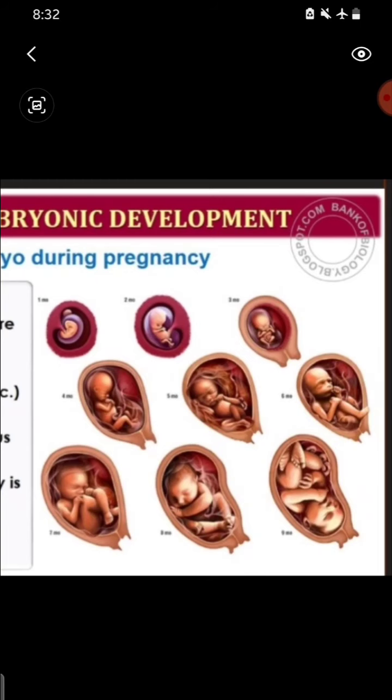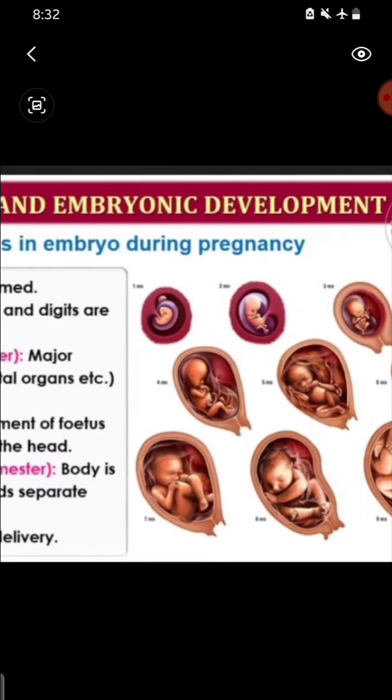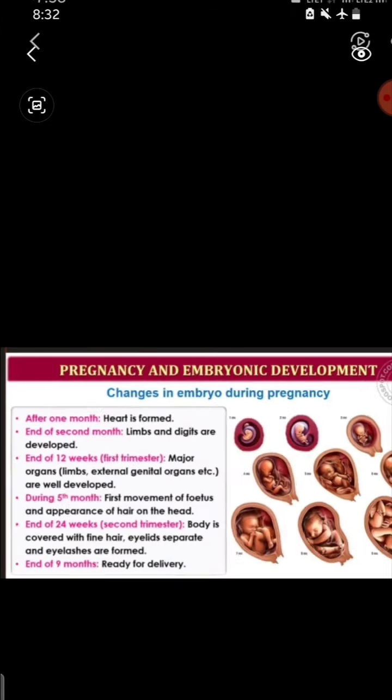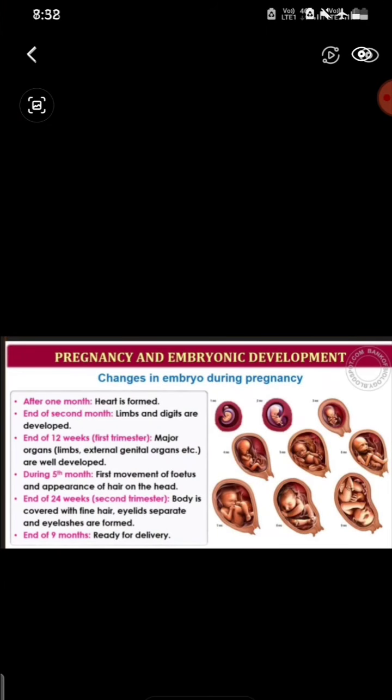So when the complete embryo is developed, when the complete baby is developed, that we will see. After 1 month, the heart is formed, and by the end of the second month, limbs and digits are developed. And after the end of 12 weeks, that is the first trimester, major organs like limbs, external genitalia, genital organs, etc. are developed.